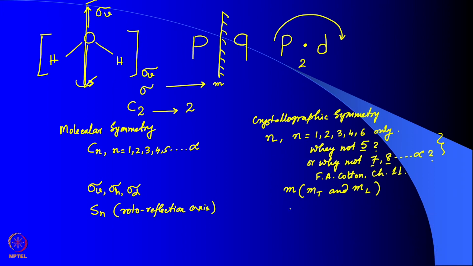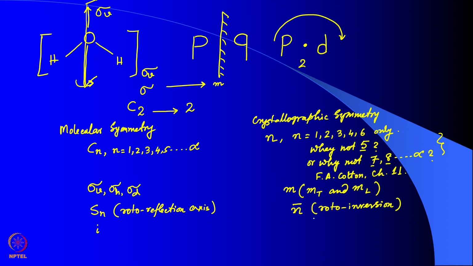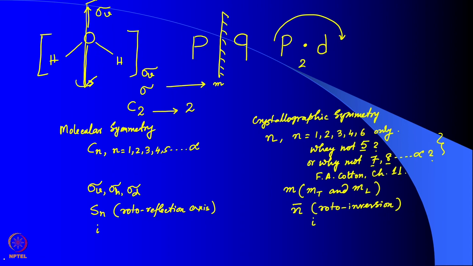In crystallographic symmetry, we have n bar, which is the roto inversion axis. In molecular symmetry, we had I; in crystallographic symmetry also we can have I. In molecular symmetry, we had the identity element E, so here also we will have the identity element E.